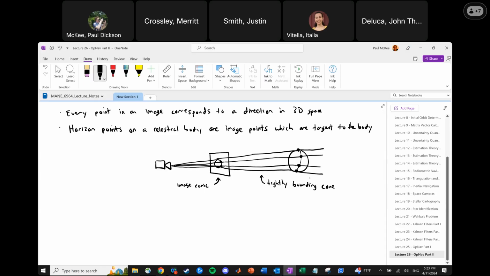So I'll say this: directions from the observer to the horizon form a tightly bounding cone, and we're going to use the letter chi for the tightly bounding cone.